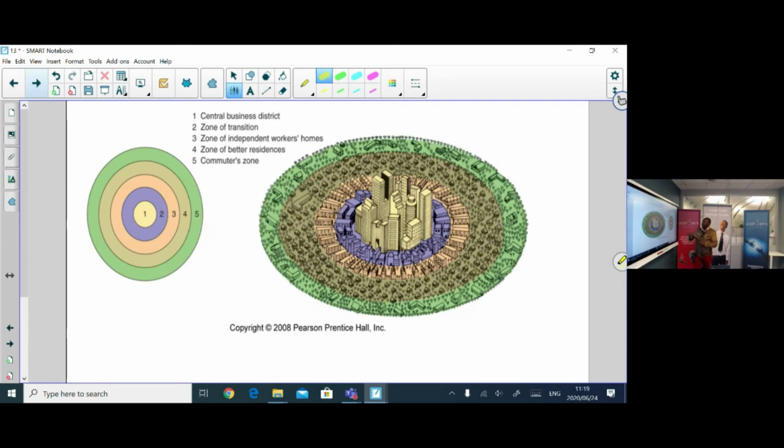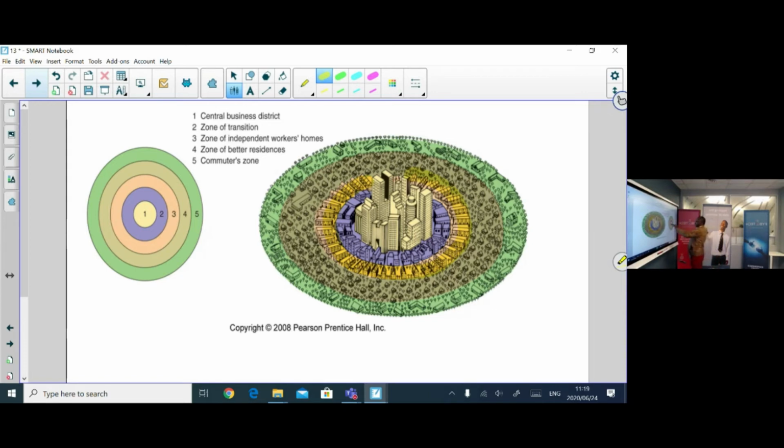Then the second one in purple here, we have the zone of transition, which is our industrial areas. Then we have a zone of independent workers' homes, which is number 3, which is here.